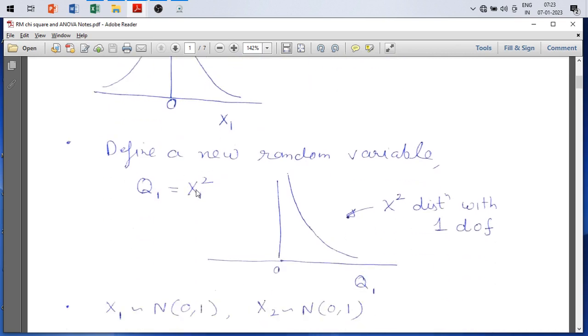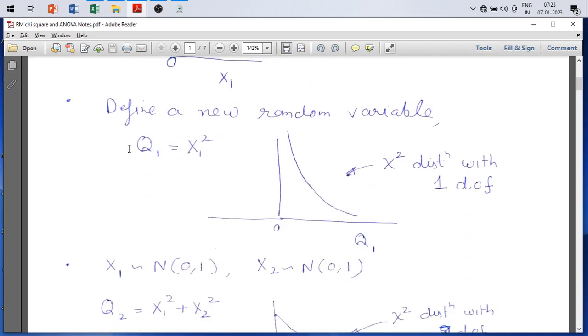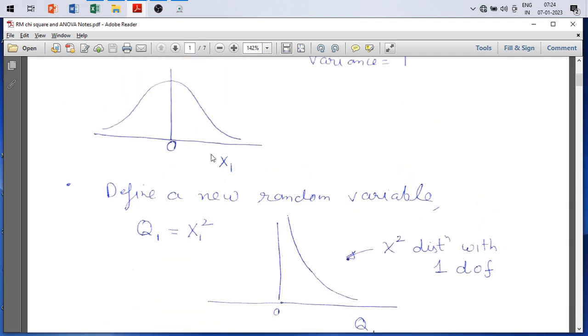If we define a new random variable q1, which is just x1 square, then just like x1 is a random variable, q1 is a random variable, and the distribution of q1 is going to be something like this, what you see here. Q1 cannot be negative because it is just the square of a number, and the distribution will be like this because the distribution of x1 has a peak around 0.